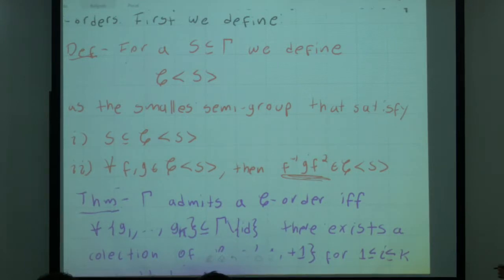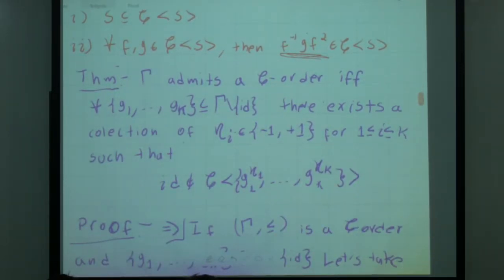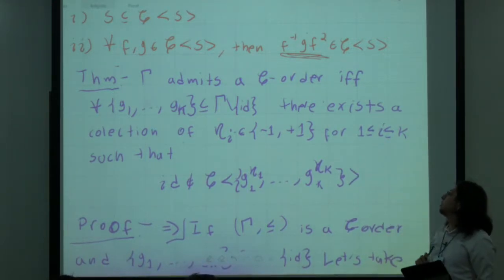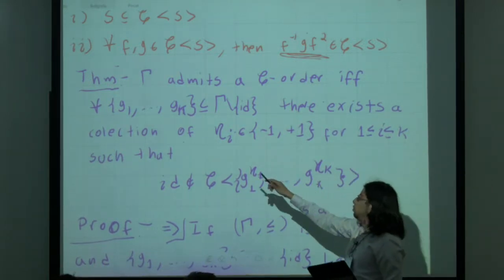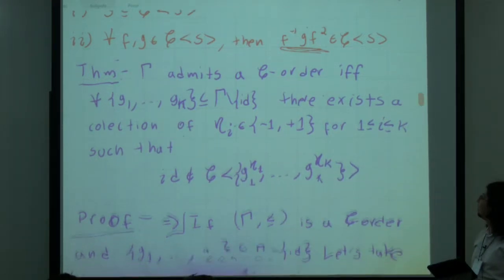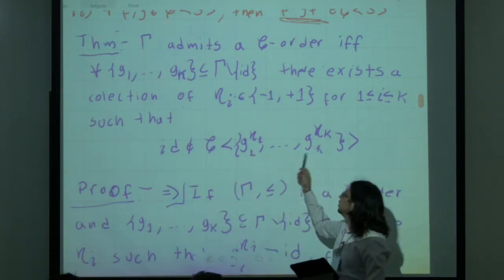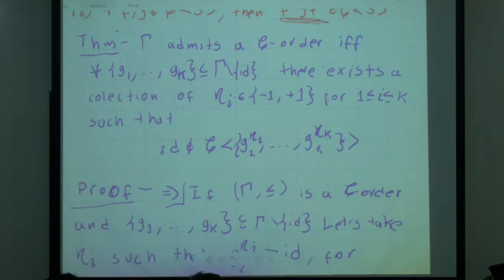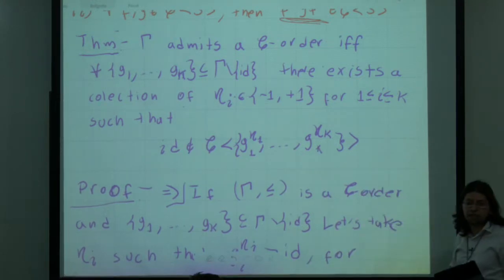It's like a weird semigroup generated by S, okay? So the characterization that I want to prove is this. Gamma admits a C-order if and only if for all finite subsets of elements different from the identity, there exists a collection of exponents such that the identity element doesn't belong to this weird semigroup generated by these elements to the exponents, right?